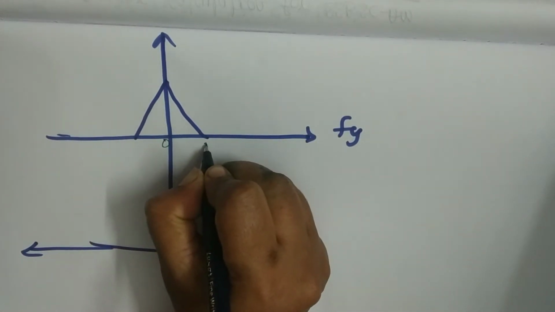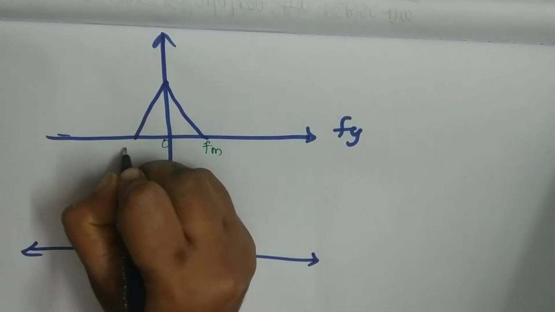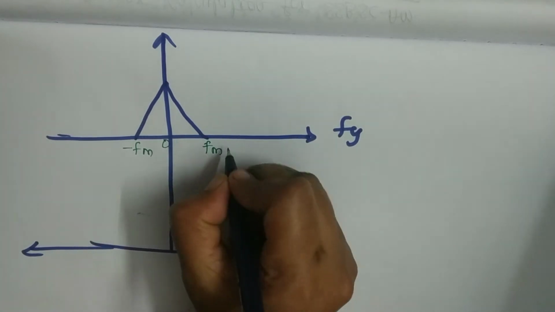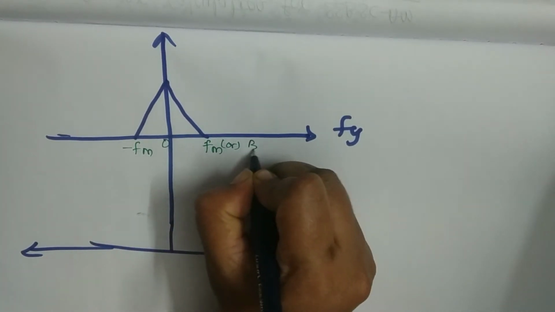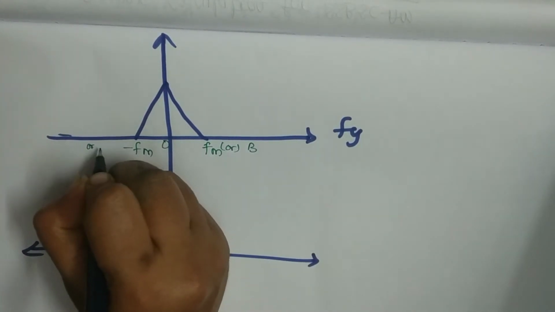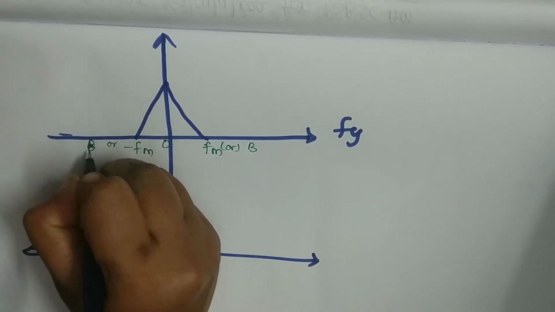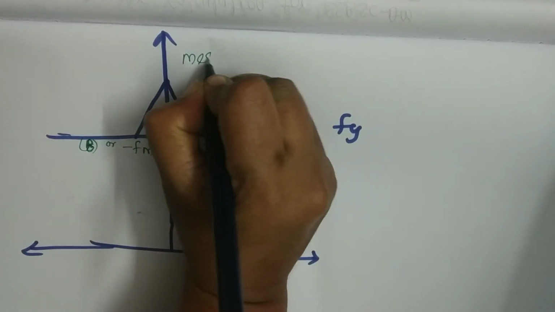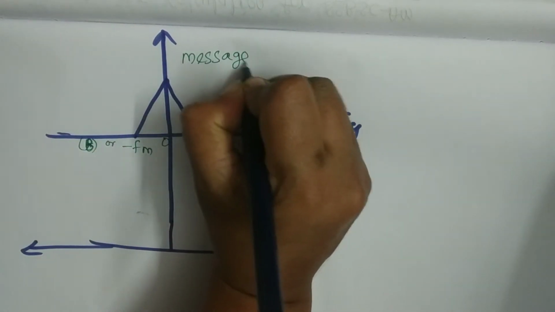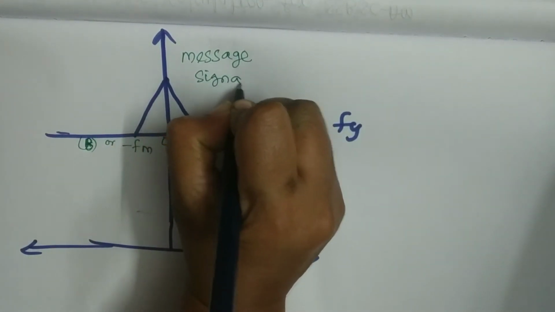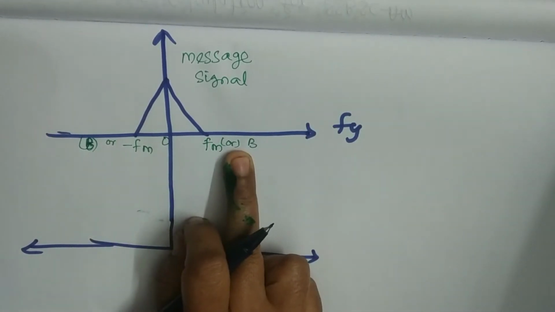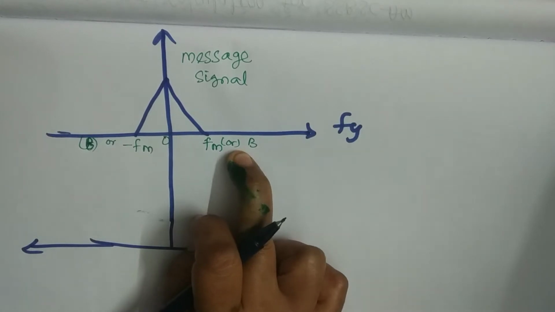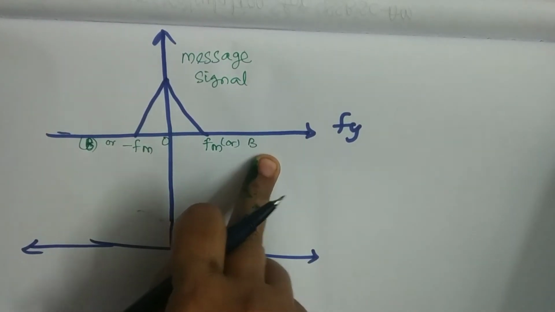Let us say the bandwidth is Fm, this is Fm, this is minus Fm, or simply instead of Fm we can write B. It is nothing but the bandwidth of the message signal. So this is the frequency response of the message signal.